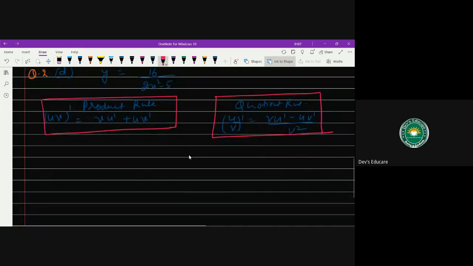So here we shall apply the quotient rule. y equals 16 upon 2x square minus 5.